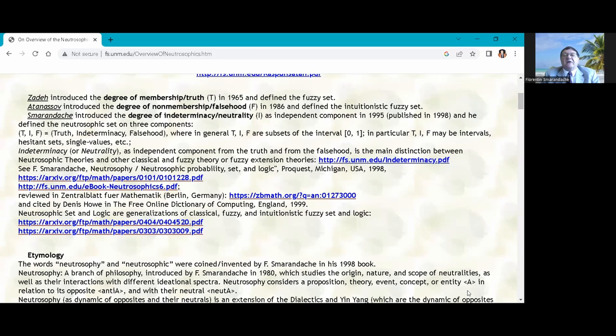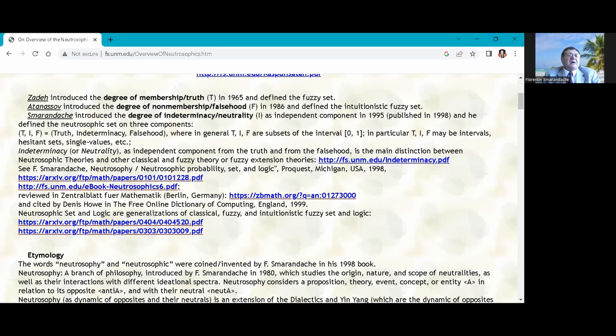In particular, T, I, F may be intervals, and that's how the interval valued Neutrosophic set was developed, or single valued, which is the most used, and it's called single valued Neutrosophic set. Hesitant sets, and it was called hesitant Neutrosophic set.